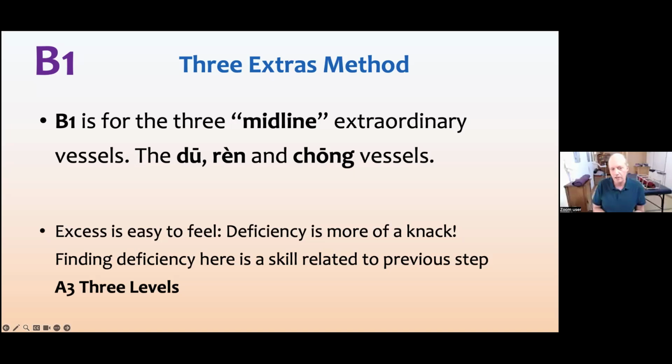With this method, when there is excess, it's really easy to feel it. Feeling more deficient presentations is more of a knack, but you can develop it. Finding deficiency is a skill that is related to the previous step of the three levels, where I don't know if you recall, I was talking about how you've got to relax into the method to feel emptiness, basically where is there emptiness?